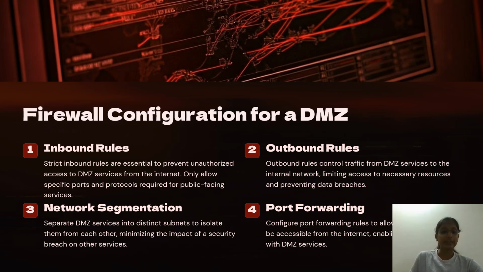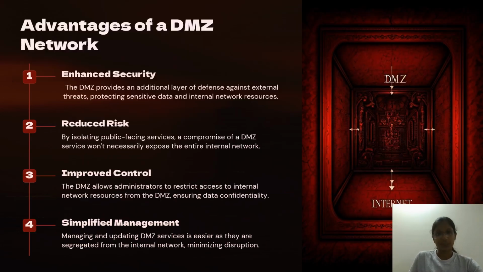Then I have network segmentation. Separate DMZ services into distinct subnets to isolate them from each other, minimizing the impact of a security breach on other services. Then I have port forwarding. Configure port forwarding rules to allow the DMZ services to be accessible from the internet.